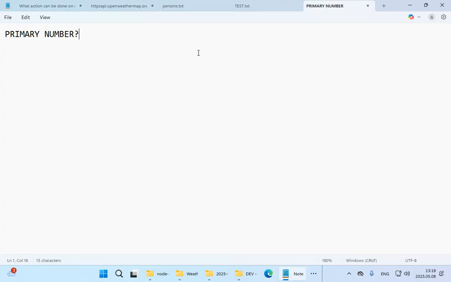Prime number, yeah. So it means that this number can be divided only by itself or one. 2, 3, 5, 7, 11, 13, 17, 19, 23, and so on. Numbers that can only be divided by itself and one. Yes, exactly. These are the prime numbers.